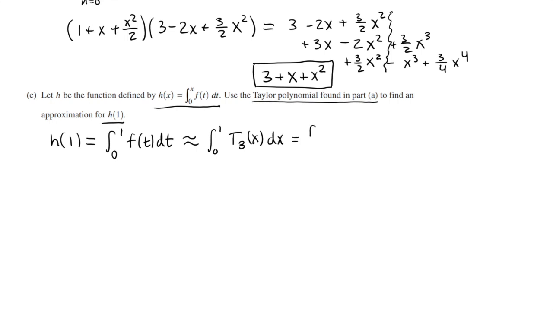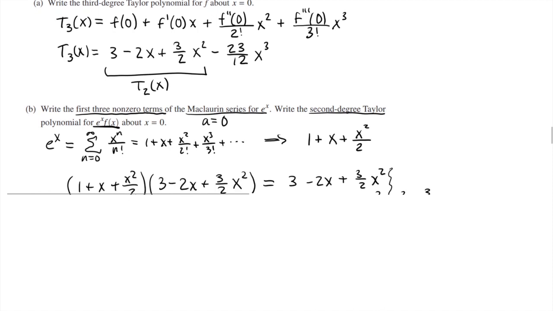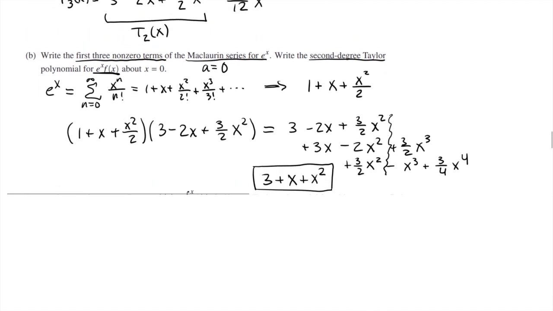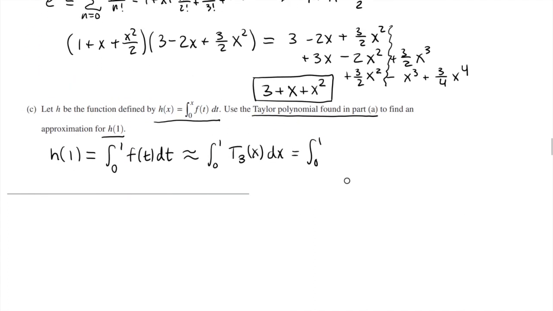So going back up to our part A, we found that that was 3 minus 2x plus 3/2 x squared minus 23/12 x cubed. So I need to rewrite that out. Make sure I don't make any mistakes.